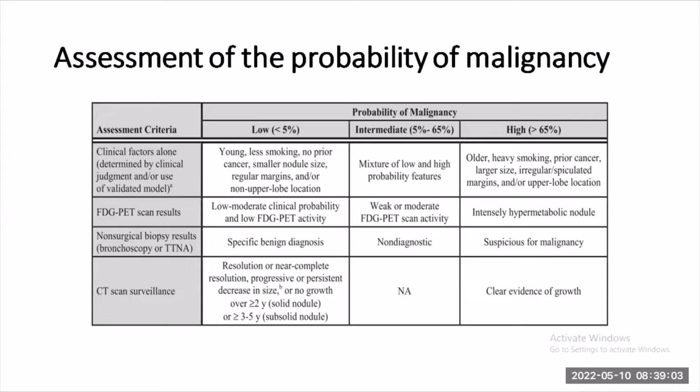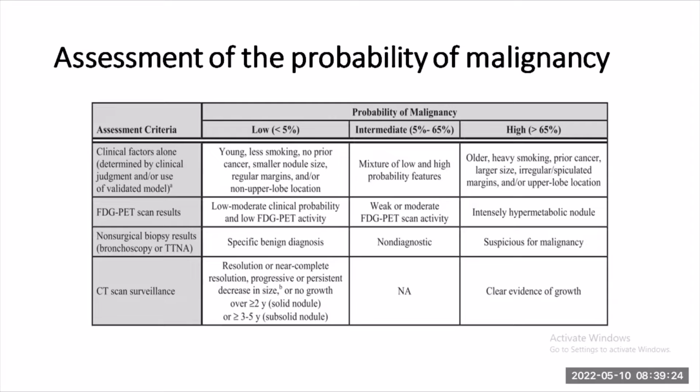Similarly, if the patient is old, a heavy smoker, with a history of prior cancer, the nodule or mass is large in size, has irregular spiculated margins, and the location is upper lobe, the chances that this lesion would be malignant would be more than 65%.